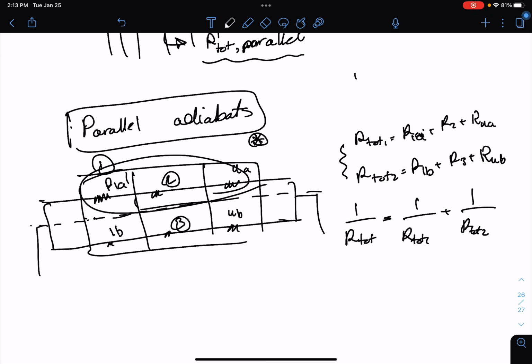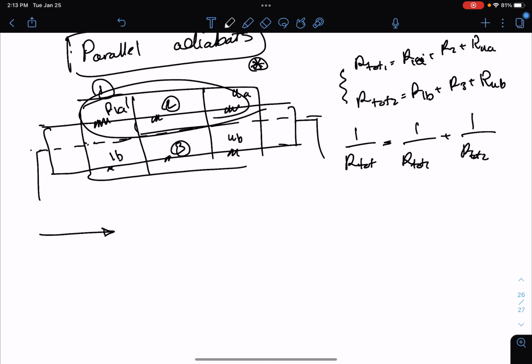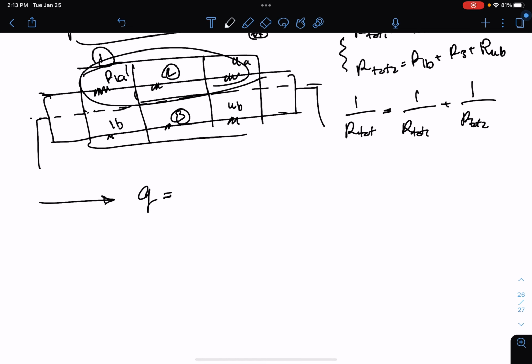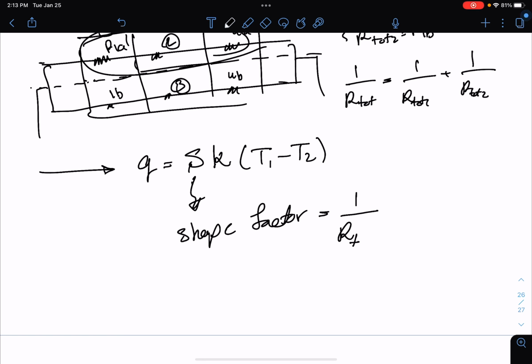There is one thing in your notes that is essentially an extension of this discussion. They use this equation to find the total heat rate: q equals S multiplied by your conductivity multiplied by T1 minus T2. This S is a new parameter called the shape factor and is defined as 1 over total R multiplied by k.